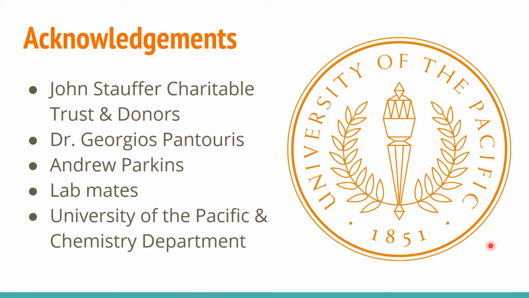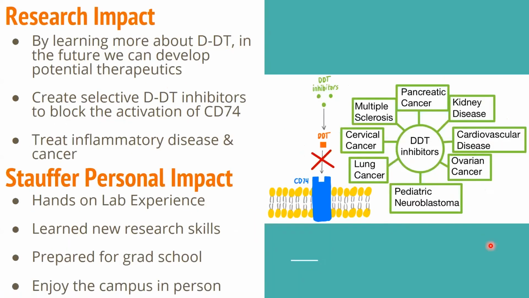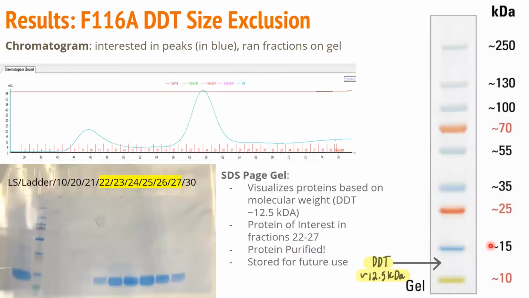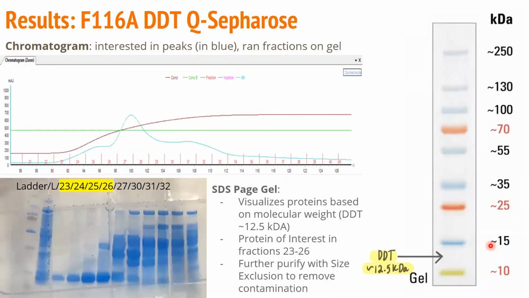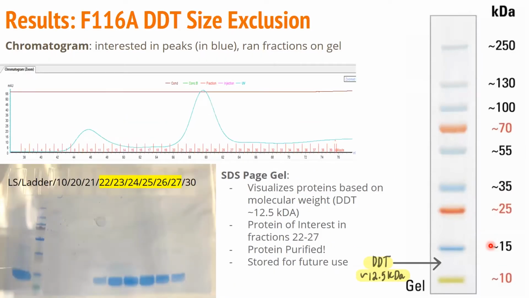Yes, Professor McCall. So you may have said this, I just might have missed it. If you go back to any one of your gels, what's the significance of that horizontal line? Is that like some threshold that you're using to cut off what you're seeing?